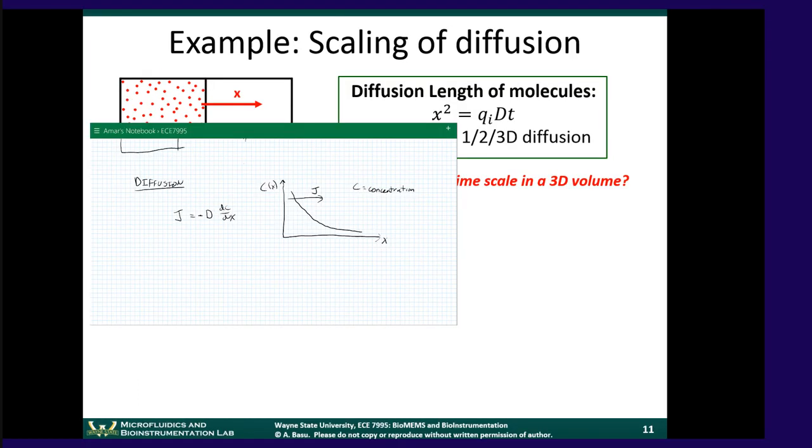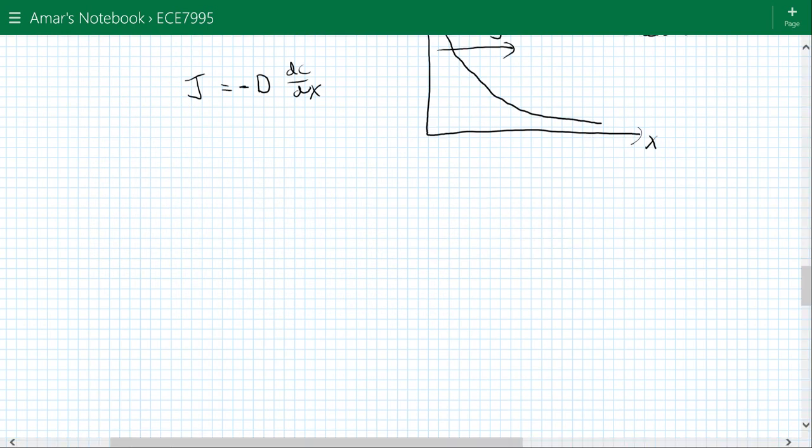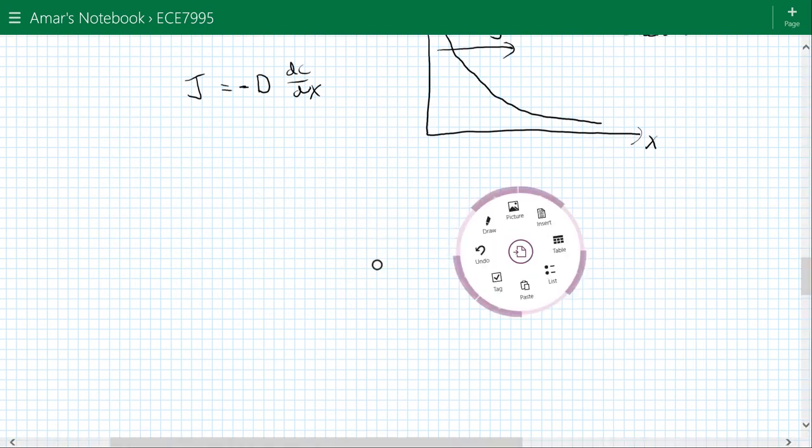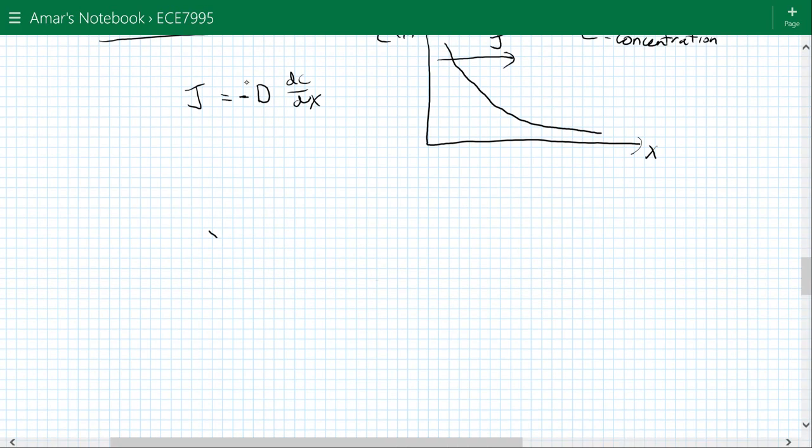So we have this relation x squared over 6d is equal to t.